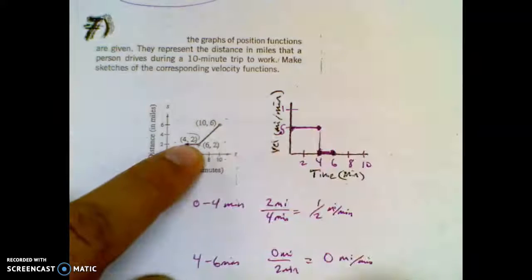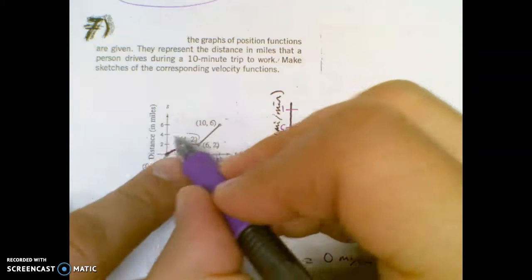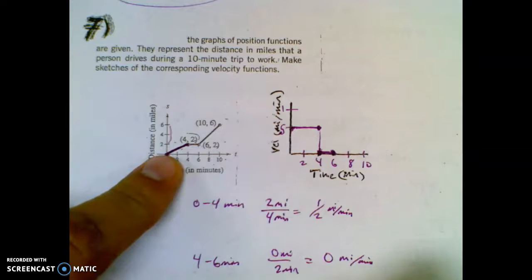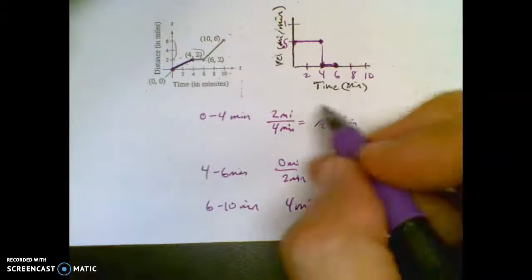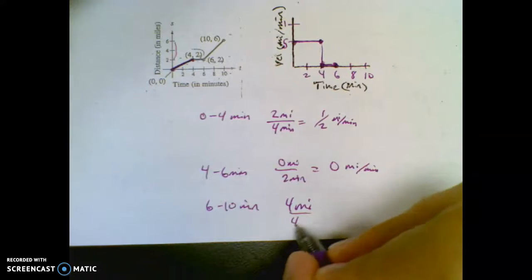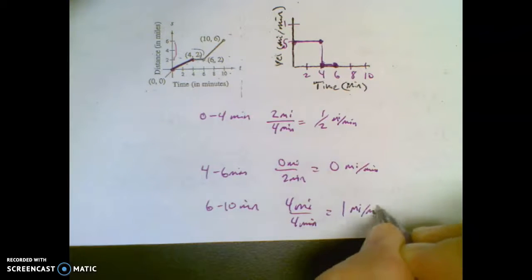Look at those numbers. From 6 to 10 minutes, I traveled a total of, it went from 2 to 6 miles. So I went 4 miles from 6 to 10 minutes here. I went 4 miles in 4 minutes, which is 1 mile per minute.